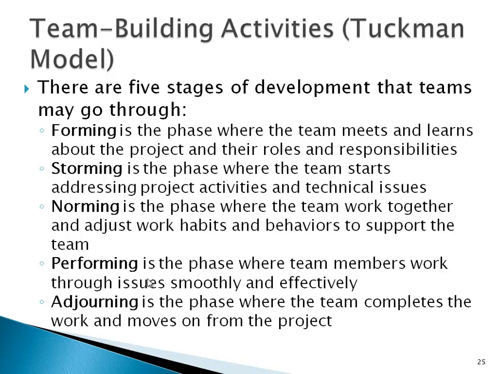Then norming means adjusting yourself to the team behavior and to support the team and project execution. Then start the performing, where you start the execution of the different activities of the project, and adjourning by finishing and completing your work and moving on to the next project.